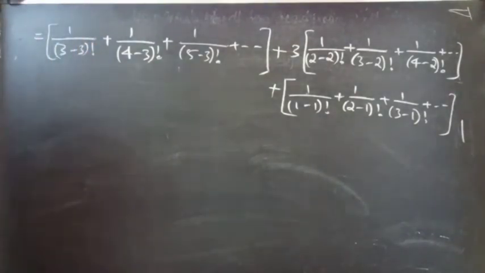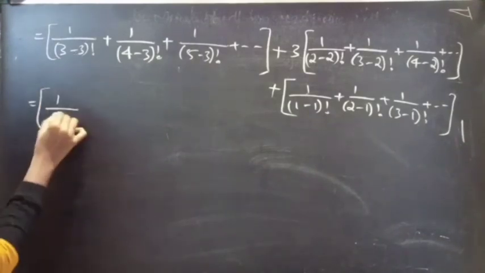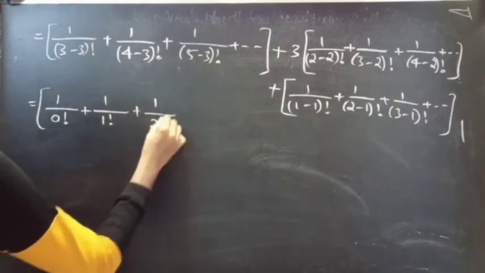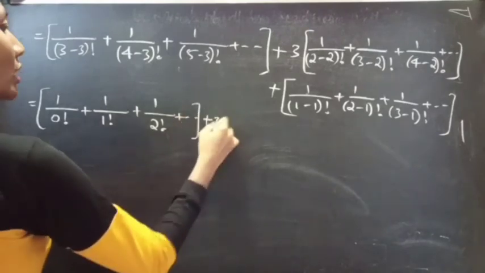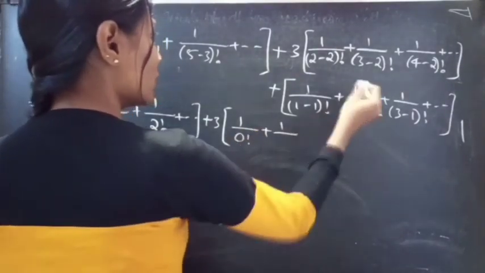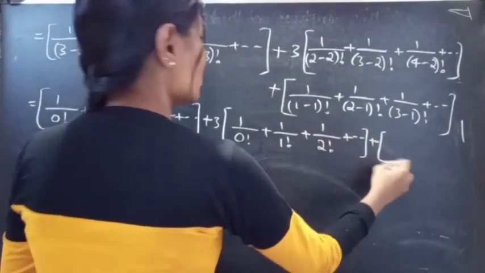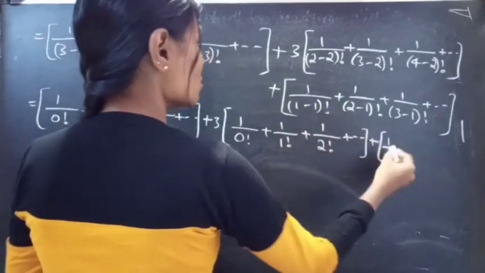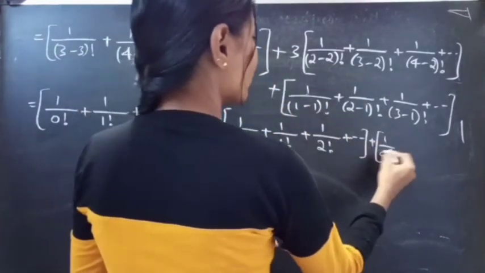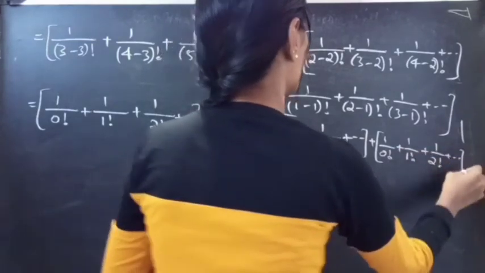We'll just write for the first 3; if you want, you can extend. So this equals to 1 by 3 minus 3 is 0 factorial plus 1 by 4 minus 3, 1 factorial plus 1 by 5 minus 3, 2 factorial plus so on, plus 3 into 1 by 2 minus 2, 0 factorial plus 1 by 3 minus 2, 1 factorial plus 1 by 4 minus 2, 2 factorial plus so on, plus 1 by 1 minus 1, 0 factorial plus 1 by 2 minus 1, 1 factorial plus 1 by 3 minus 1, 2 factorial plus so on.